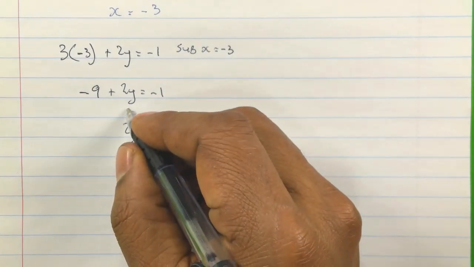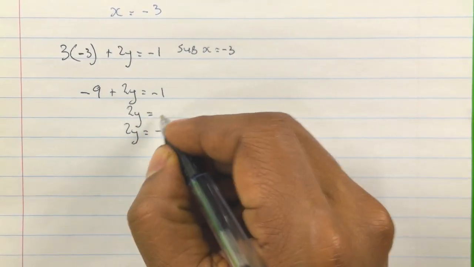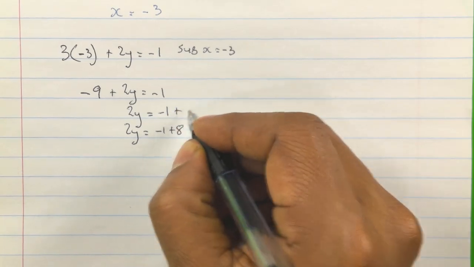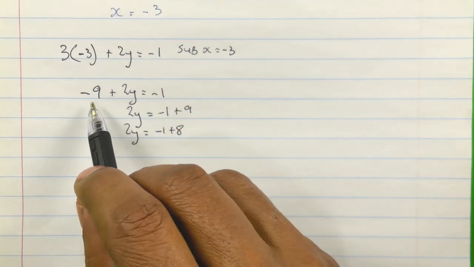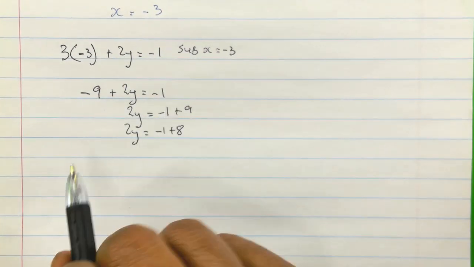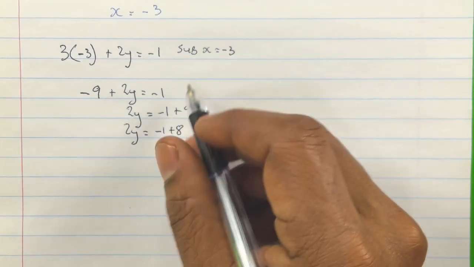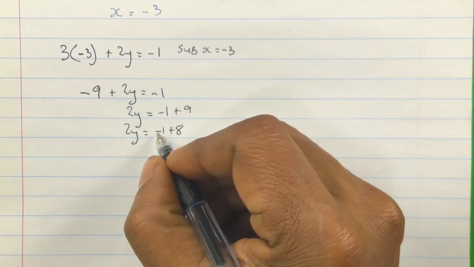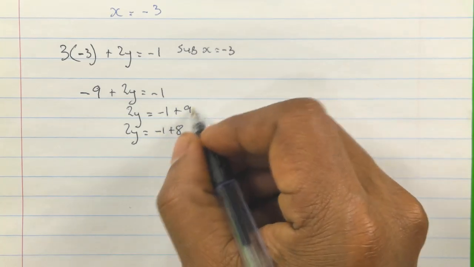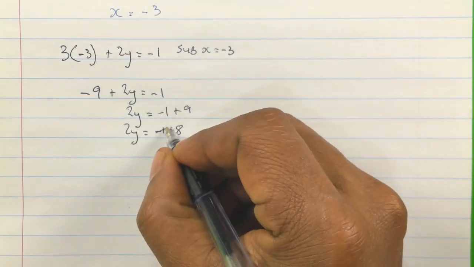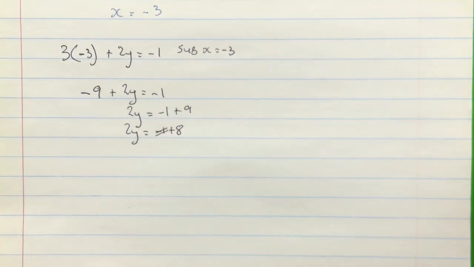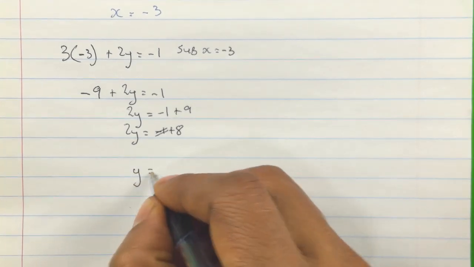So let me rather put it here. I wanted to write negative 1 plus 9. Right, so I am restating, repositioning, transposing, as we say. So this 9 plus this one will give me a positive 8. Then my y will be 4.